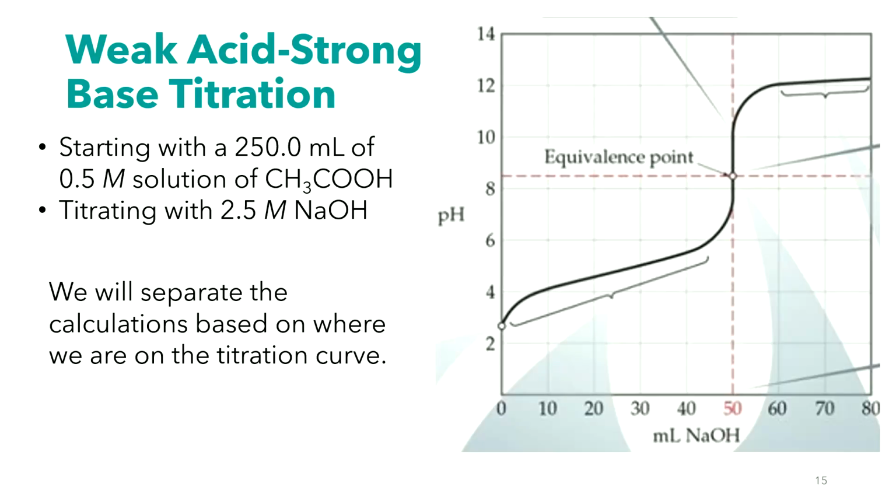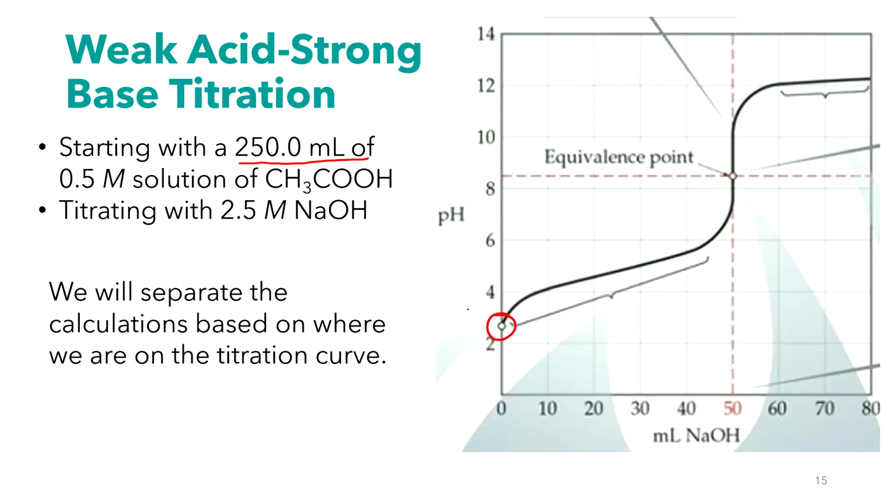Okay, so we're starting with 250 mLs of a 0.5 molar solution of acetic acid, so a weak acid. All right. And we're going to add in some NaOH. We're going to split this into 4 regions.